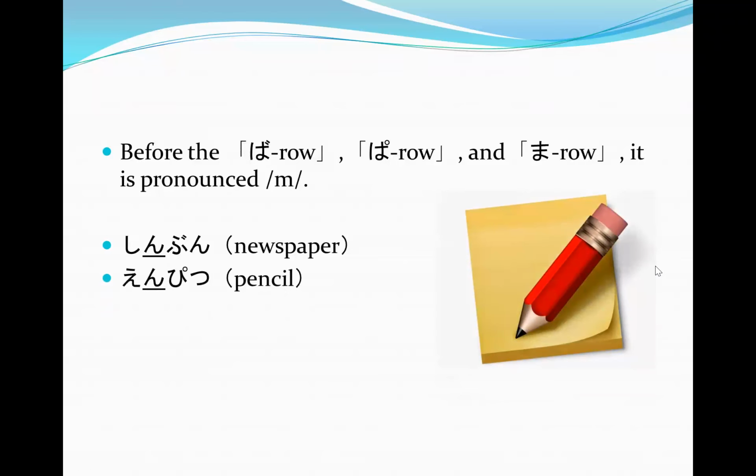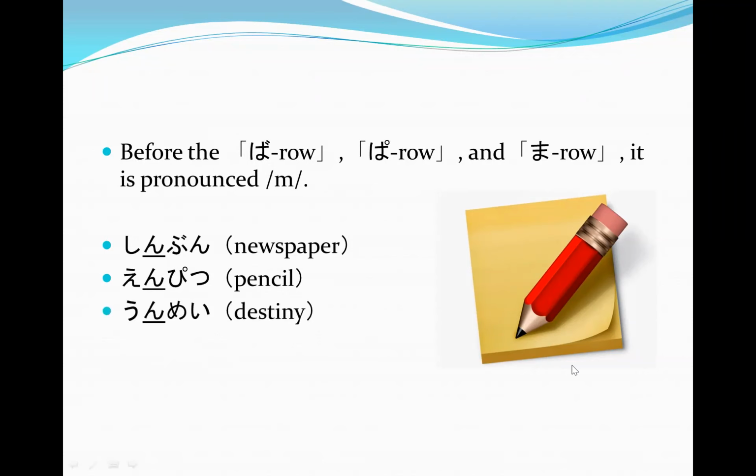Next, pencil in Japanese is empitsu. Again, empitsu. Even though it is written with "n", we should read and pronounce it as "m": empitsu, pencil. Now, let's say that again slowly, per syllable: empitsu, pencil.